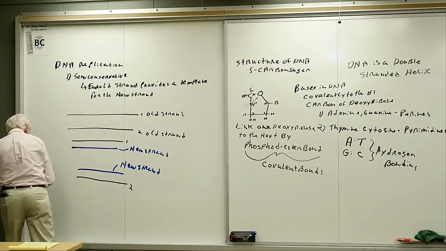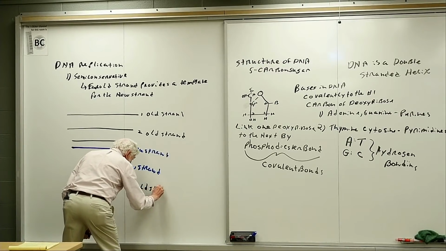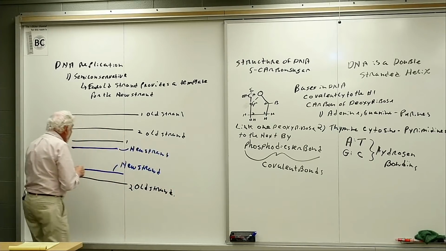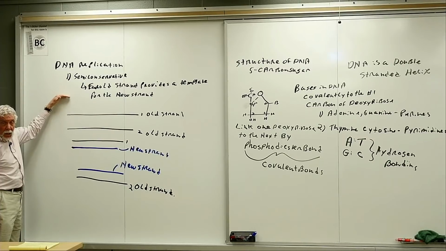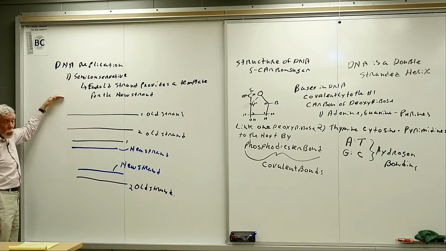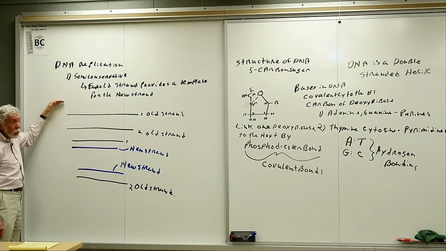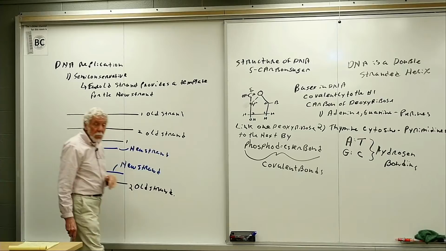And this is the old strand. So conceptually, that's what we mean by semi-conservative replication. And what I'm going to do now is start talking about some of the enzymes that are important in this process and some of the tricks we have to do to make these new strands and replicate the new strand from the old strand. So any questions up to there?